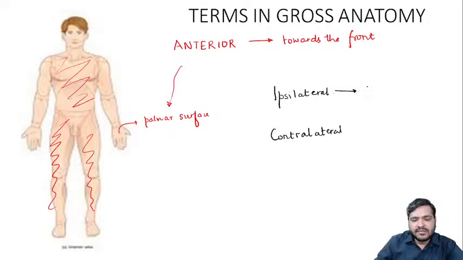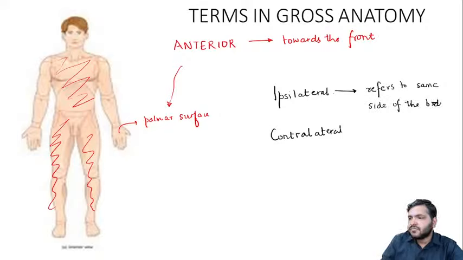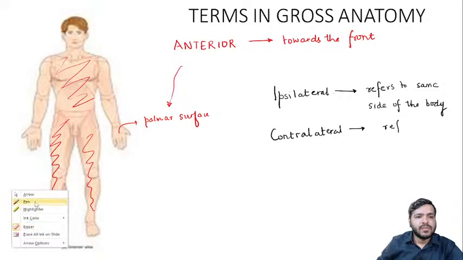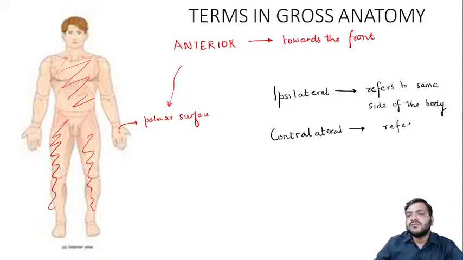Ipsilateral basically means it refers to the same side of the body, whereas contralateral means it refers to the opposite side of the body.